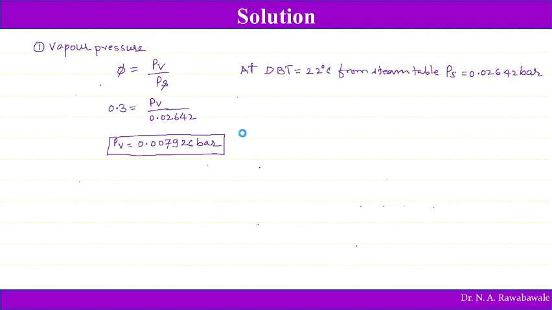Then second term, we want to find out humidity ratio. Omega is equal to 0.622 into PV divided by PB minus PV. So we know everything, only PB is not known. PB is equal to 760 mm of Hg, which is given in mm of Hg. So this has to be converted into bar.